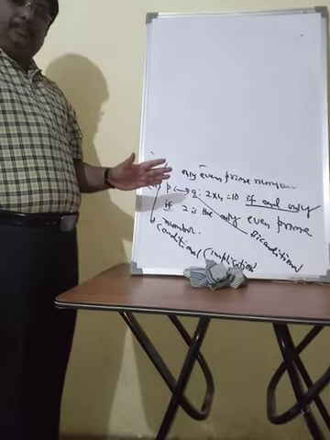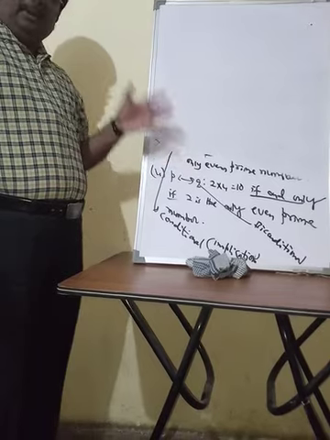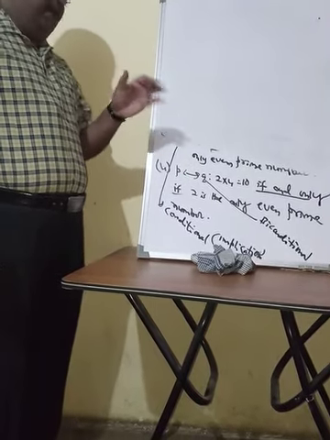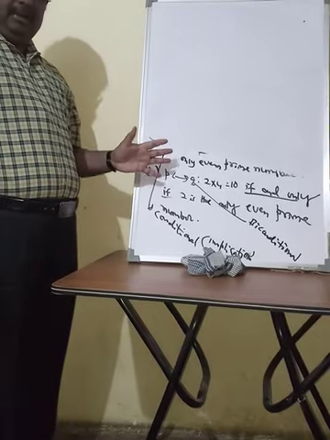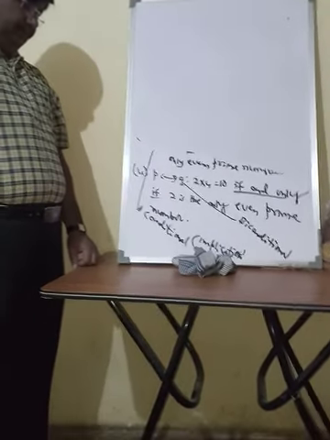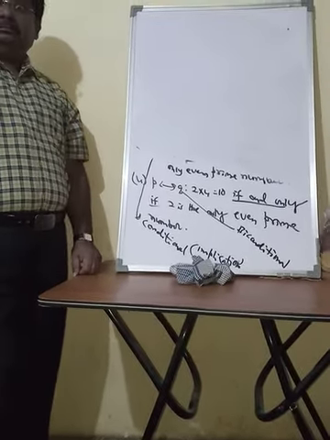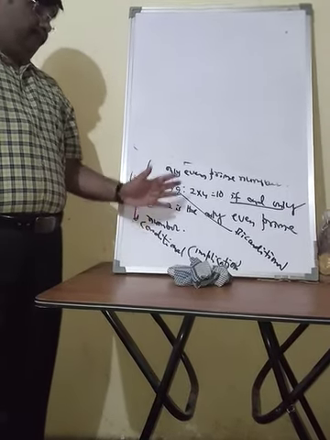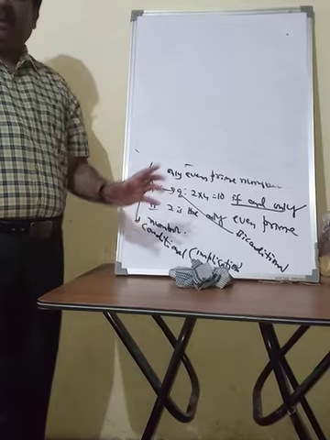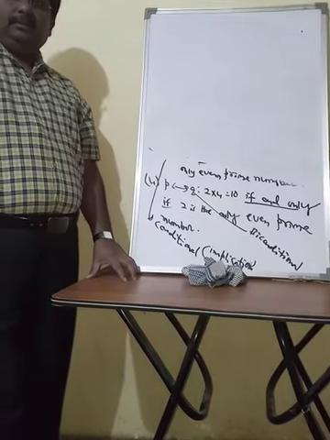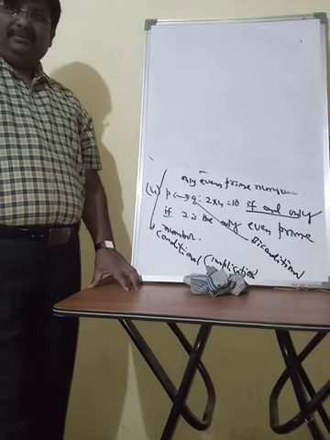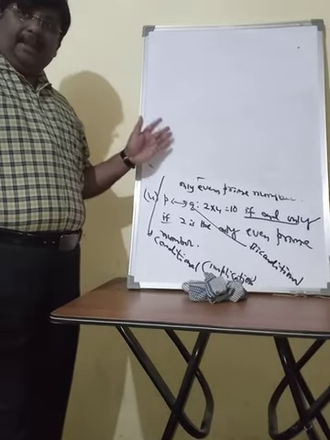A compound proposition formed by the connective if then is called conditional or implication, and one formed by the connective if and only if is called biconditional or double implication.